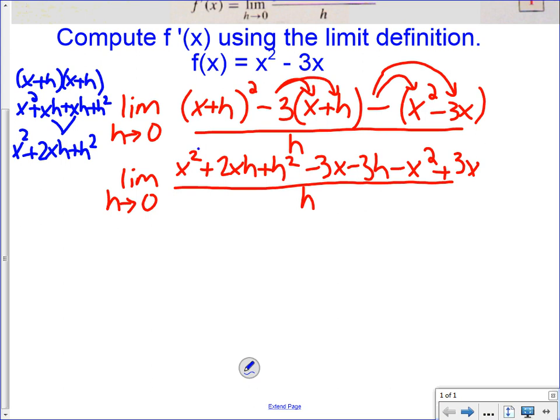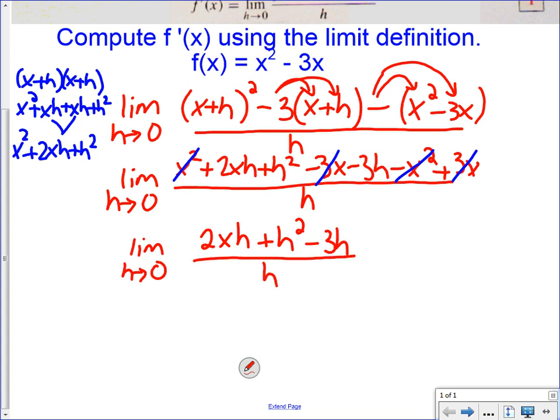I noticed we have a positive x squared and a negative x squared. We have a negative 3x and a positive 3x. All right, that looks like all it cancels, so that leaves us with the limit as h approaches 0 of 2xh plus h squared minus 3h all over h.